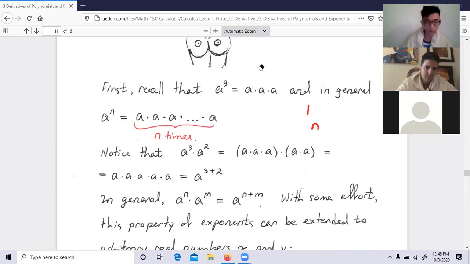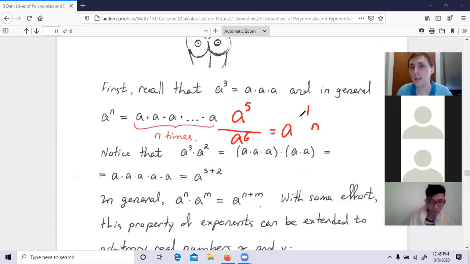For example, if I have a to the power of 5 divided by a to the power of 6, what I will be having is a to the power of 5 minus 6, which is a to the power of minus 1, yes?